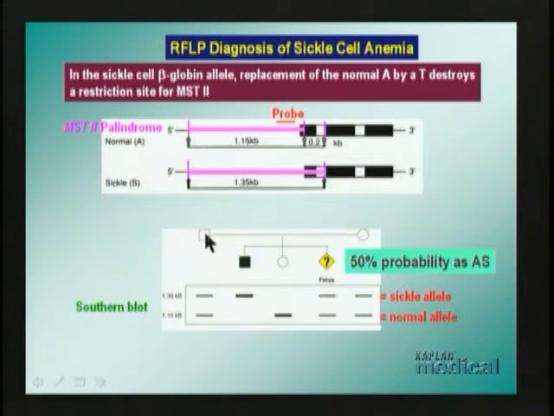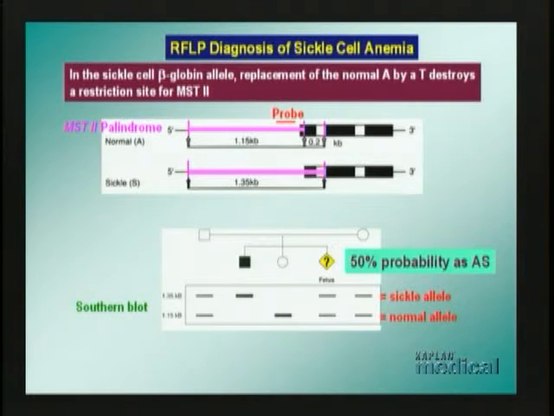If this father's DNA is taken and then you add MST2, notice there are 2 bands that appear. One band of 1.15 kb in size, saying that at least one of his chromosomes has a normal beta globin gene. And in addition, another fragment is seen of 1.35 kb in size, saying his other chromosome has a sickle beta globin gene.